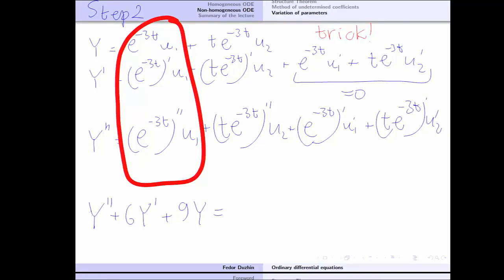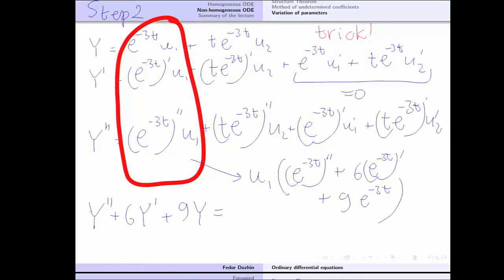If we take y double prime plus 6 times this part of y prime plus 9 this part of y, then let me maybe write it here, we're going to get u1 times e to the minus 3t double prime plus 6 e to the minus 3t prime plus 9 e to the minus 3t.